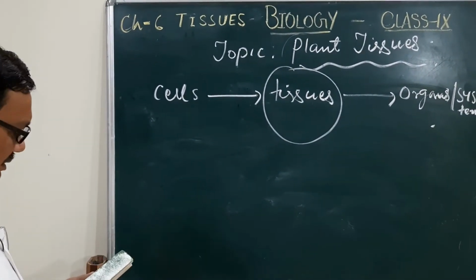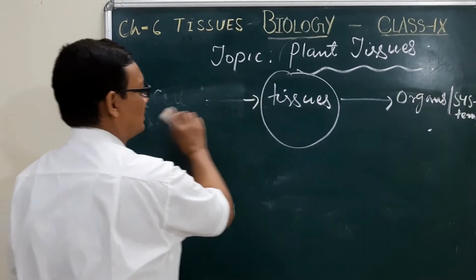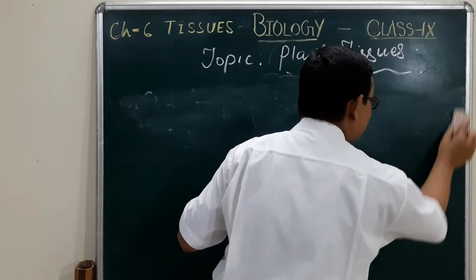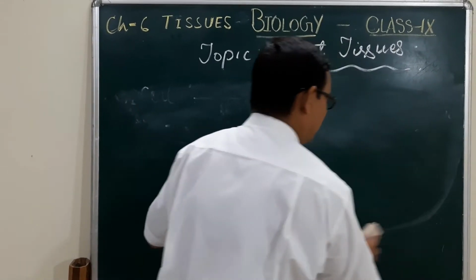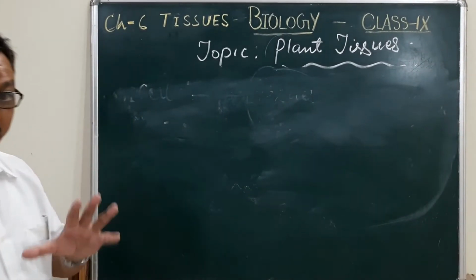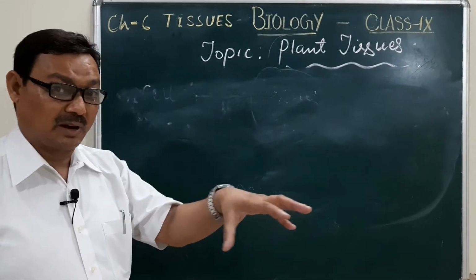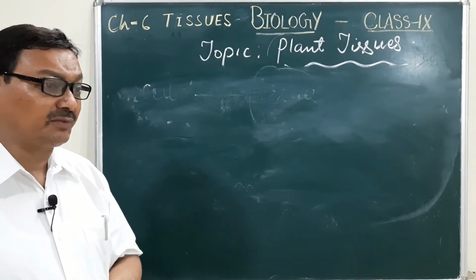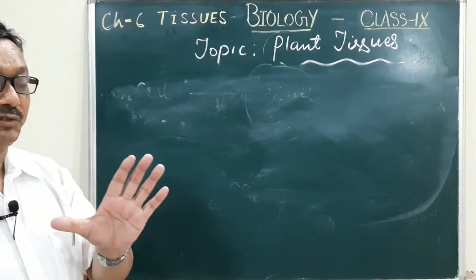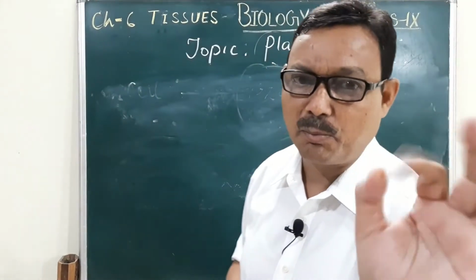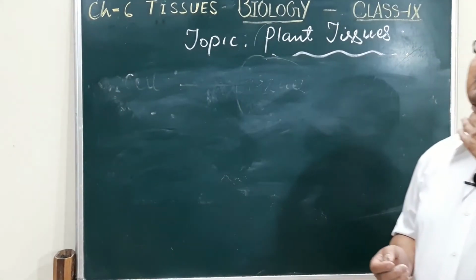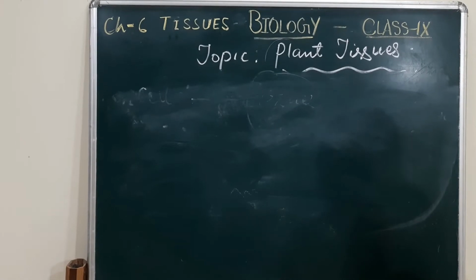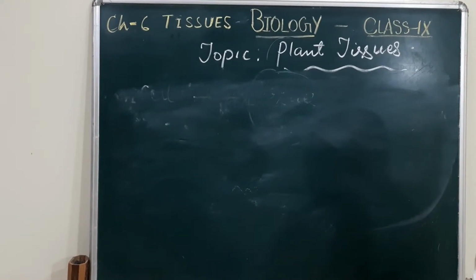In comparison of the plant and animal tissue, we have seen that as the plant is fixed at a particular place, they need such type of tissue which gives them strength, which gives them mechanical support, and that is why most of the plant possesses such type of cells which are dead.